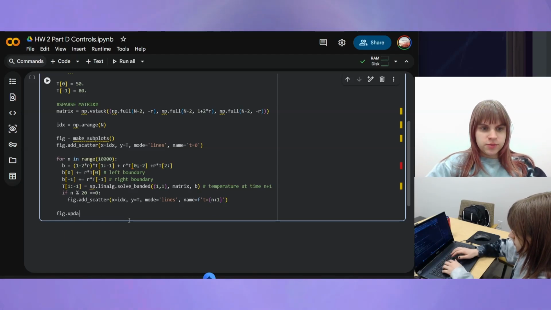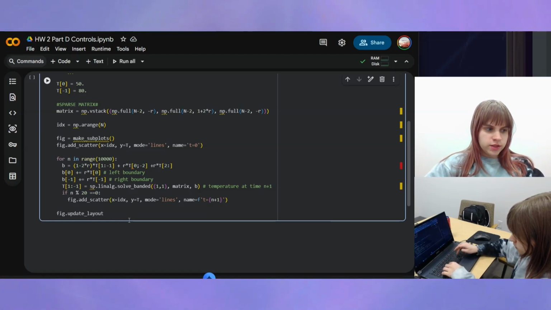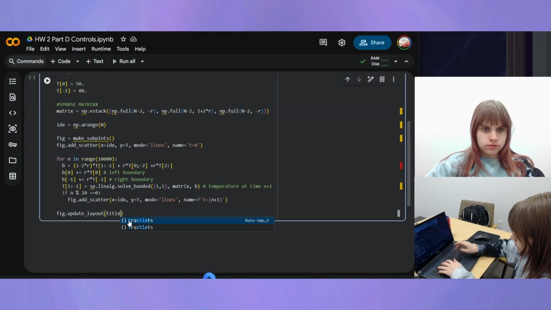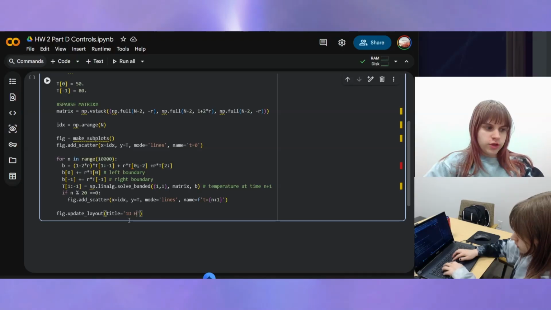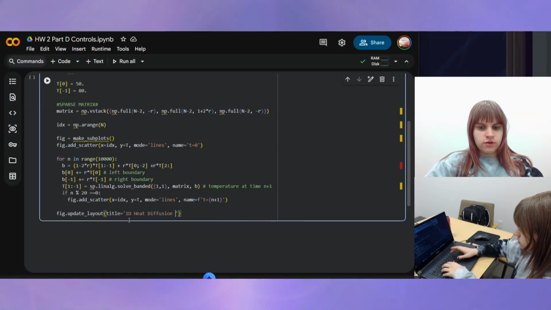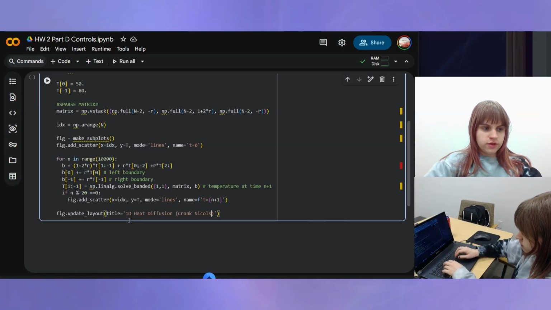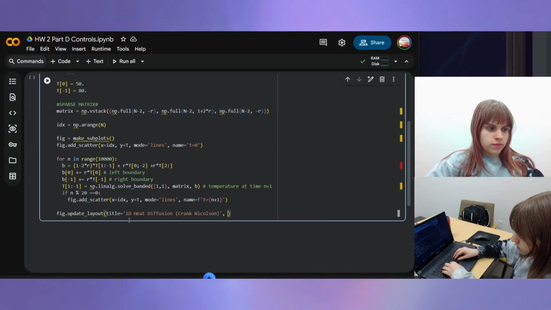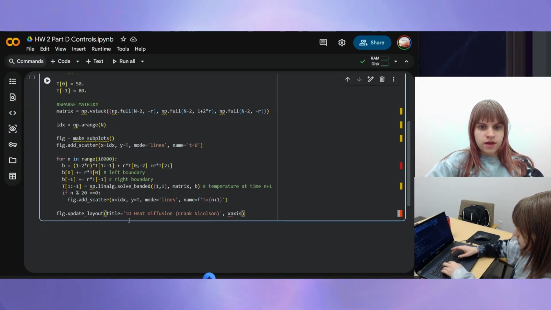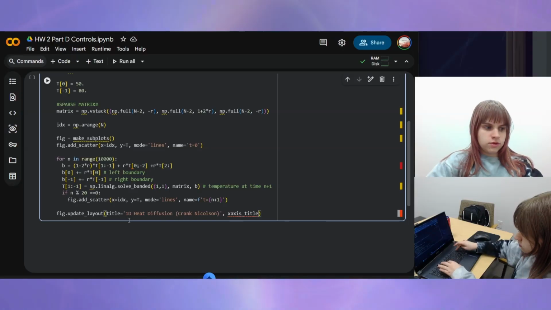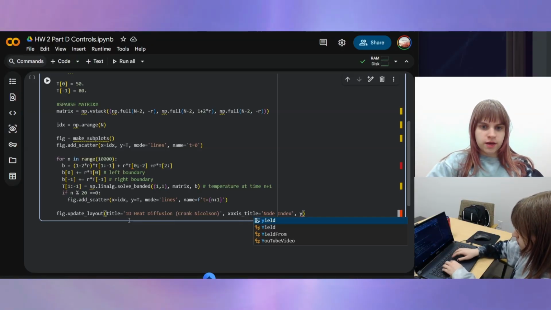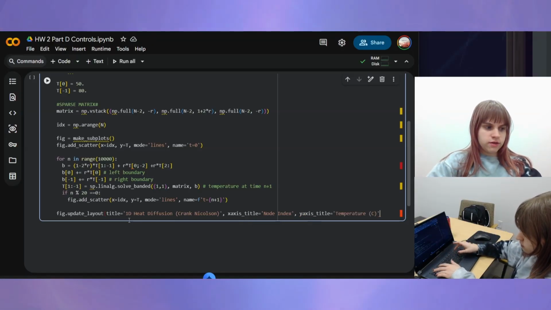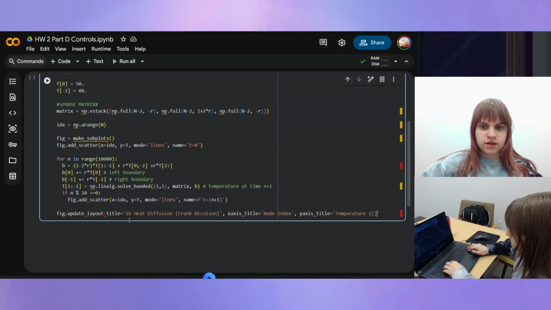I'm going to update the layout like I typically do. One-dimensional heat diffusion, Crank-Nicolson this time. The x-axis title is going to be node index. The y-axis title is the temperature in degrees Celsius.